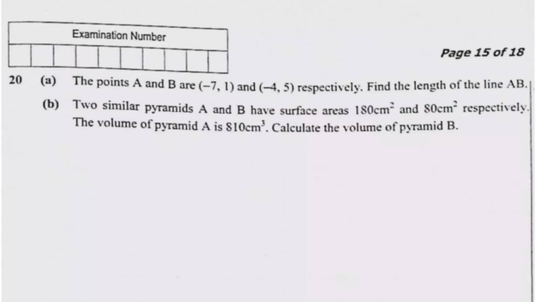The ratio of A to B. We are told A is 180 centimeter squared to 80.